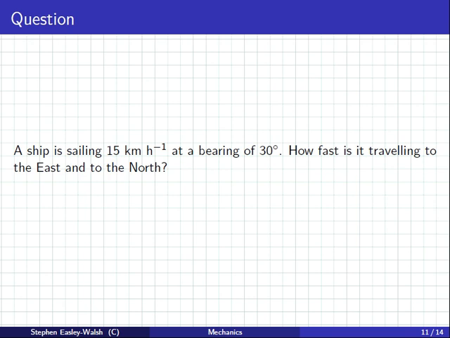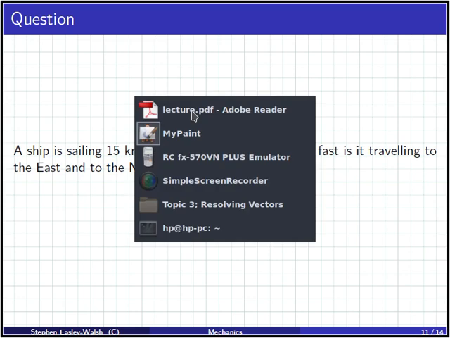A ship is sailing 15 kilometers per hour at a bearing of 30. Do you remember which direction bearing is measured from? North. And to the left or to the right? Right. I want you to get me the two components here, the east and the north, please.